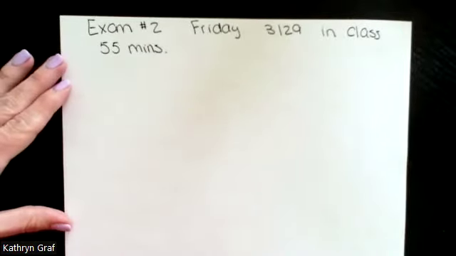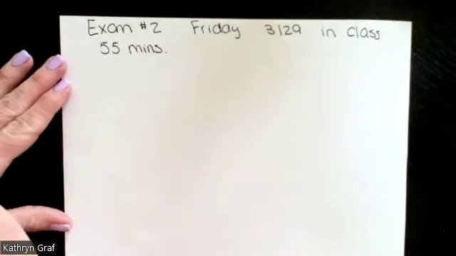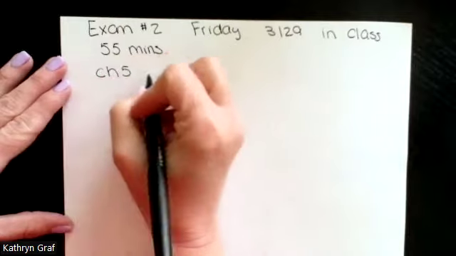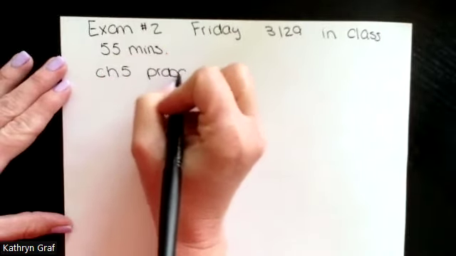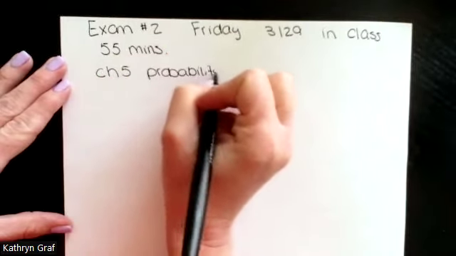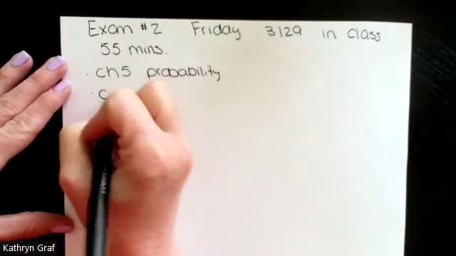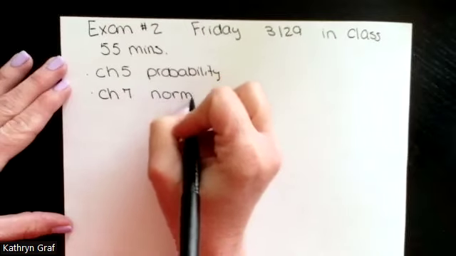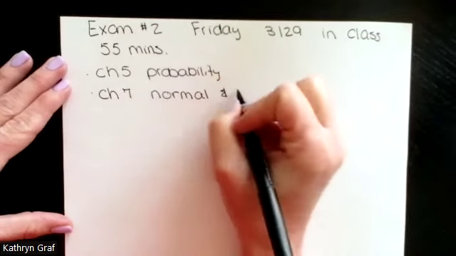All right, so this exam will include 4 different chapters. So we have chapter 5, which is probability, and chapter 7, which is the normal curve and the standard normal curve.